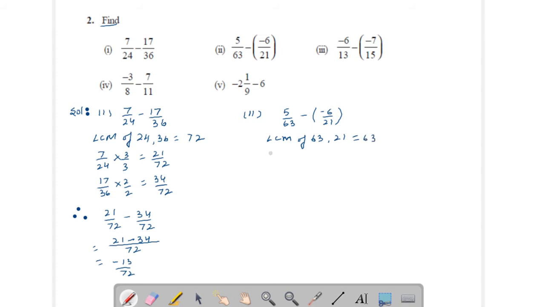So take first rational number 5 upon 63. Here denominator is 63. You divide LCM 63 by 63, you will get 1. Multiply by 1 in numerator and denominator. You will get 5 upon 63.